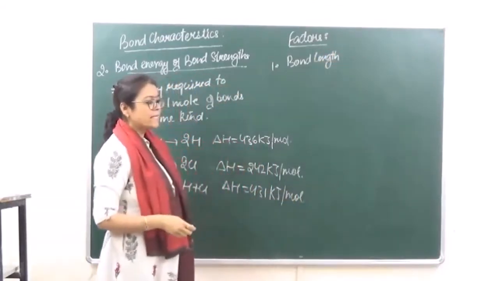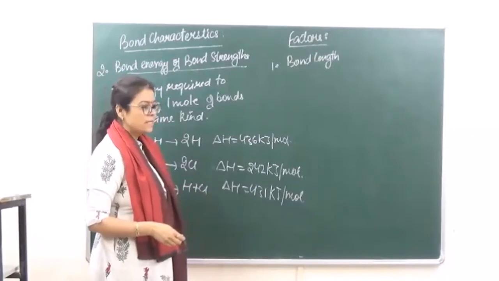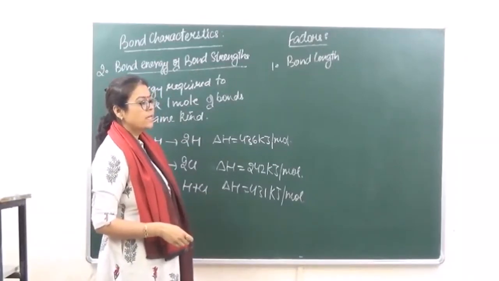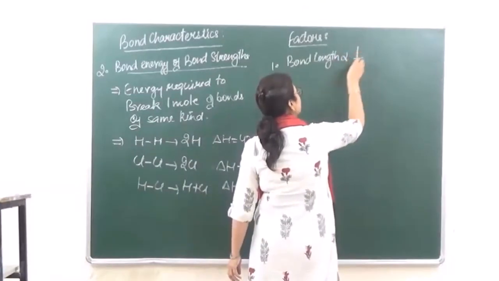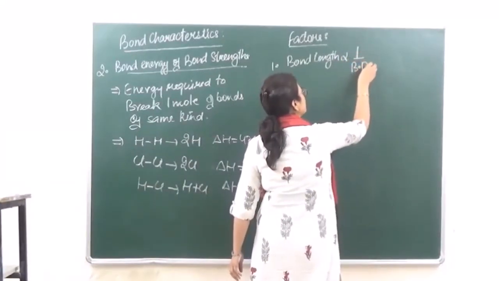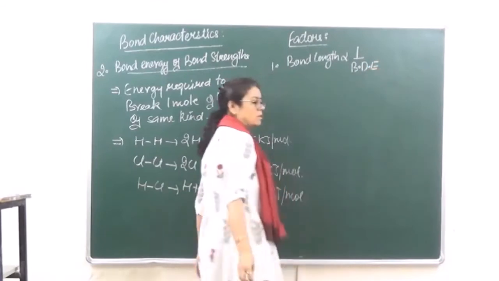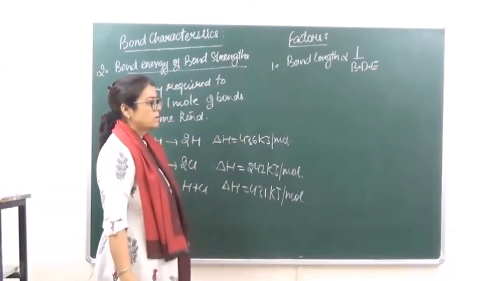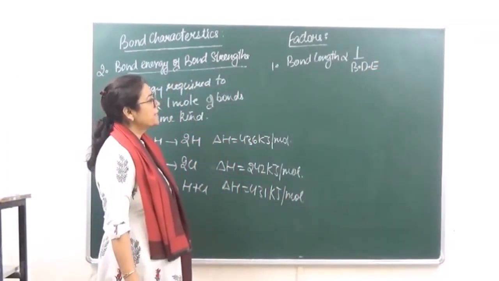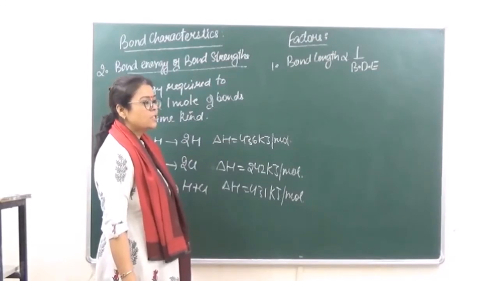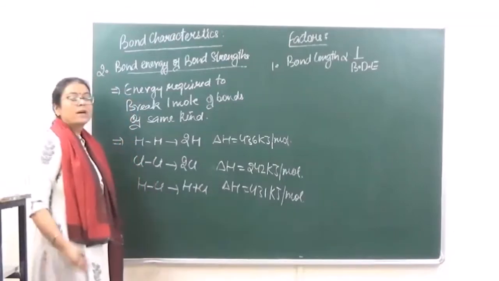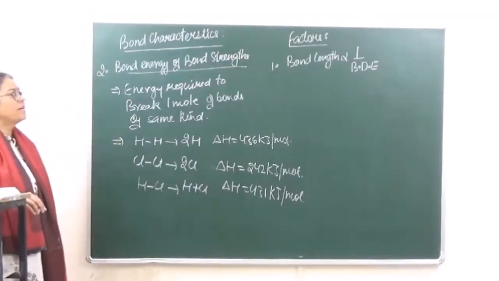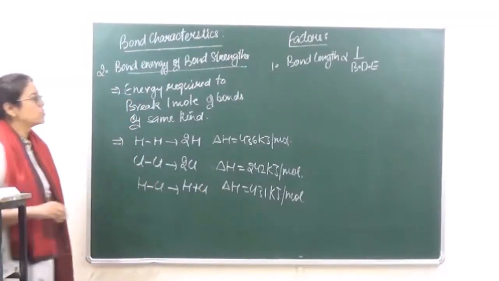As the bond length increases, bond dissociation energy is going to decrease. So bond length is inversely proportional to bond dissociation energy. Okay? Greater the bond length, lesser the bond dissociation energy, and smaller the bond length, greater the bond dissociation energy.